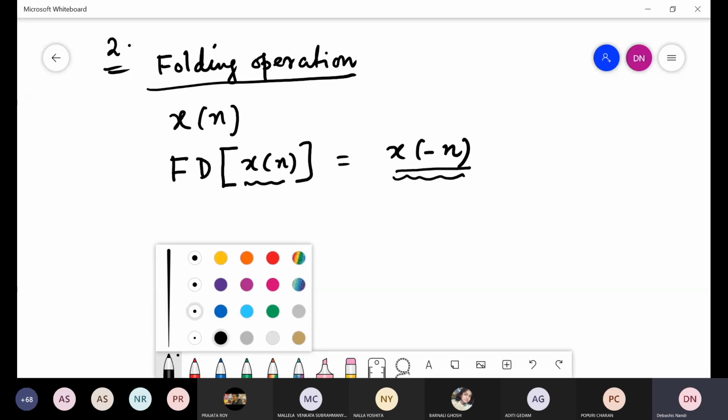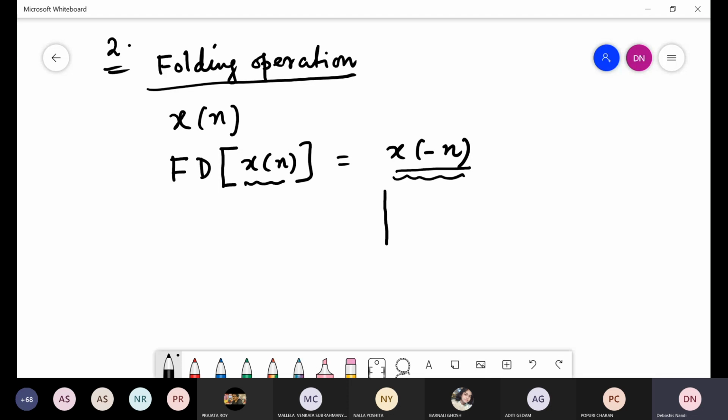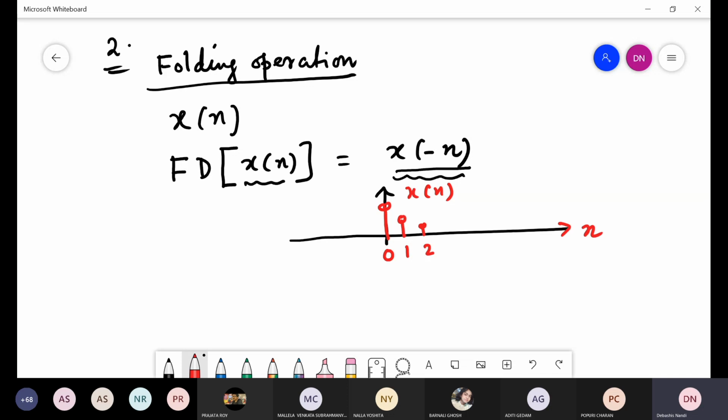Let us consider a signal xn. I am drawing the same signal xn. Suppose this is the signal. This is the first sample, this is the second sample, and this is the third sample. This is for n is equal to 0, n is equal to 1, n is equal to 2, and this is n. And suppose this is your xn. Then after folding operation, the folded signal actually gives you the mirror reflection or mirror image of the signal with respect to the vertical axis.